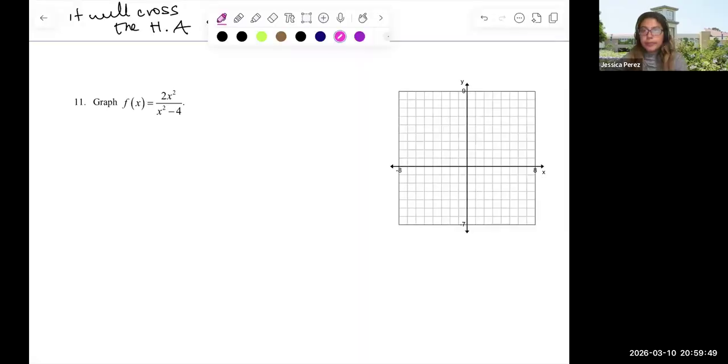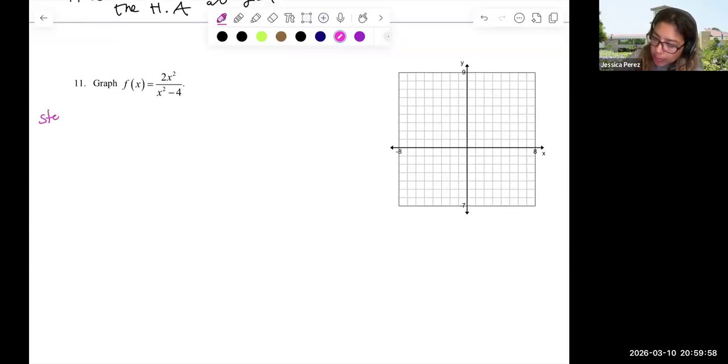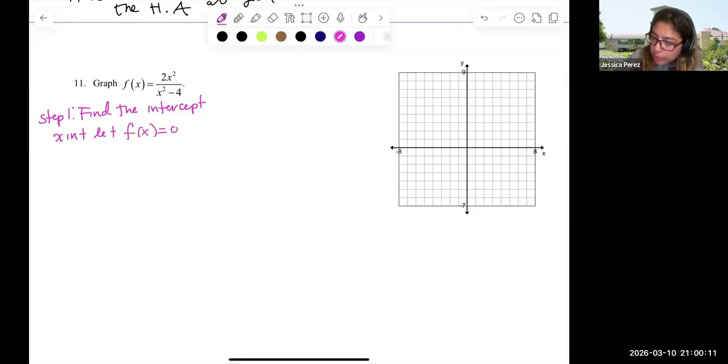So if we wish to graph the function f of x is equal to 2x over x squared minus 4. Step 1, find the x and y intercepts. That's nice because for the x-intercepts, you let f of x equal 0 for the numerator.